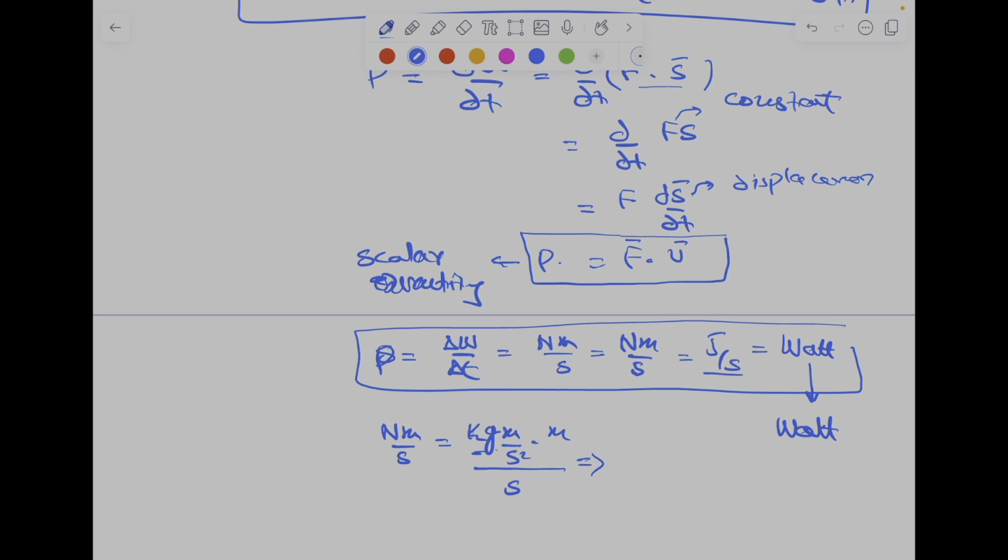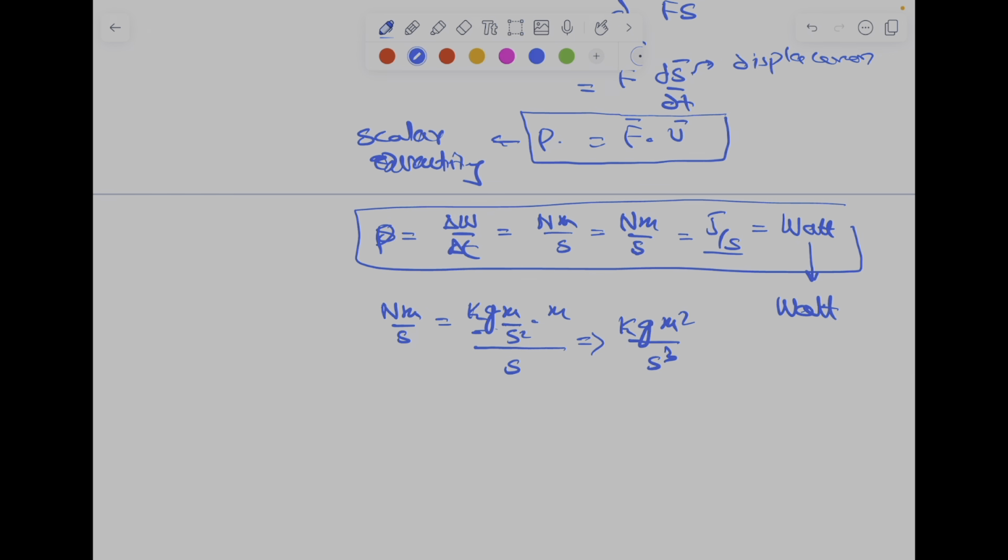So this unit becomes kilogram meter squared over second cube. So 1 Newton meter per second is equal to kilogram meter squared per second cube. Okay, and one thing to remember, that 1 horsepower is nothing but 746 watt. This is a conversion, horsepower.